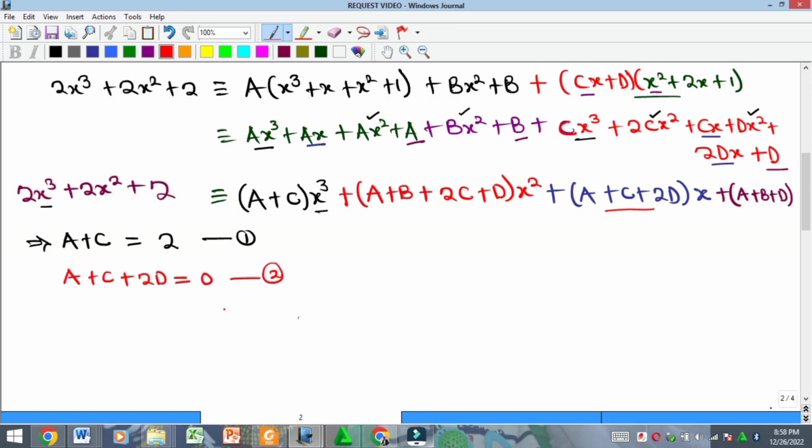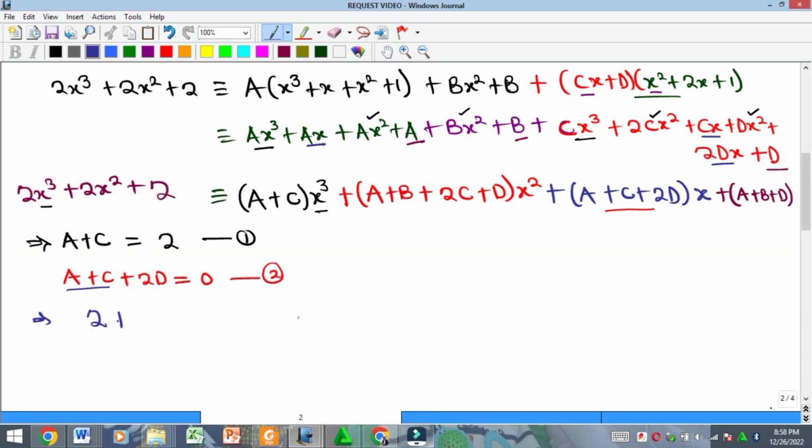Now, why did I choose to go for the coefficient of x? Because that will immediately help me to get my d. And how is that possible? Look at it now. If equation 1 says that a plus c is 2, and I have a plus c in equation 2, I can quickly substitute that.